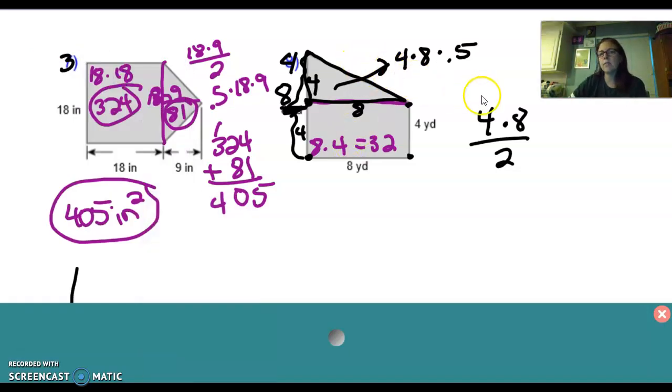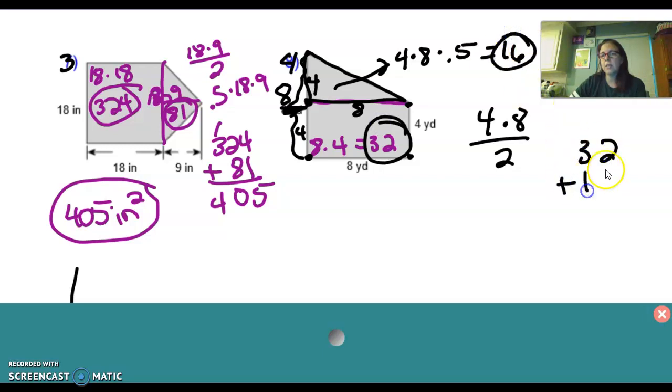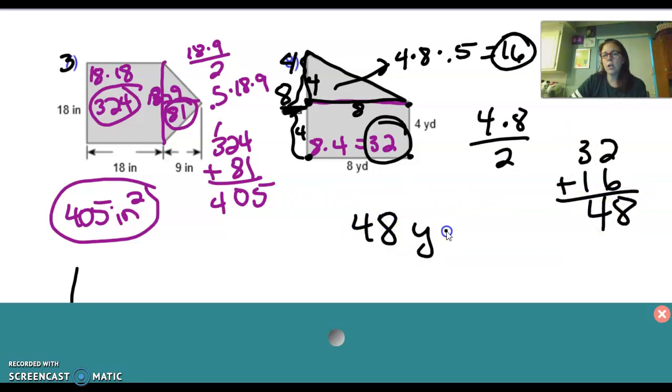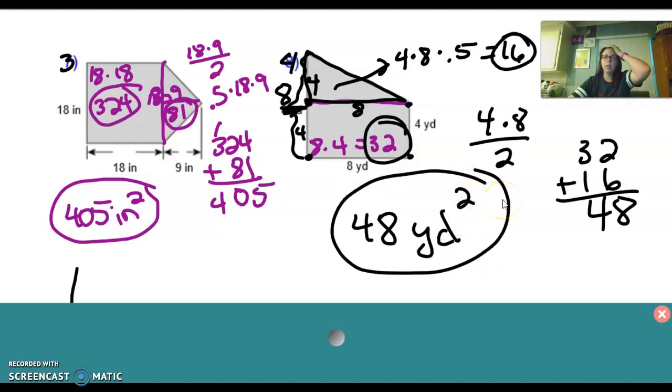Which makes sense because 4 times 8 is 32. 32 divided by 2 is 16. So we have 32 and we have 16. So 48 yards squared. Don't forget that squared. That's important. Okay, 48 yards squared.